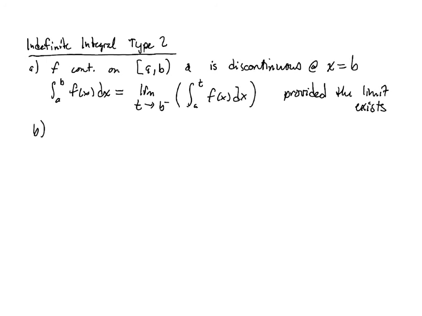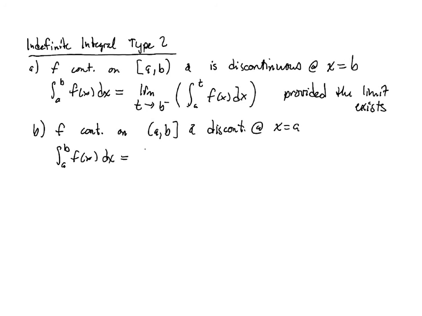Similarly, if my discontinuity occurs on the left of the interval that I'm interested in, then my integral from A to B of this function would be the limit as t goes to the left-hand discontinuity from the positive side of the integral from t to b f of x dx.